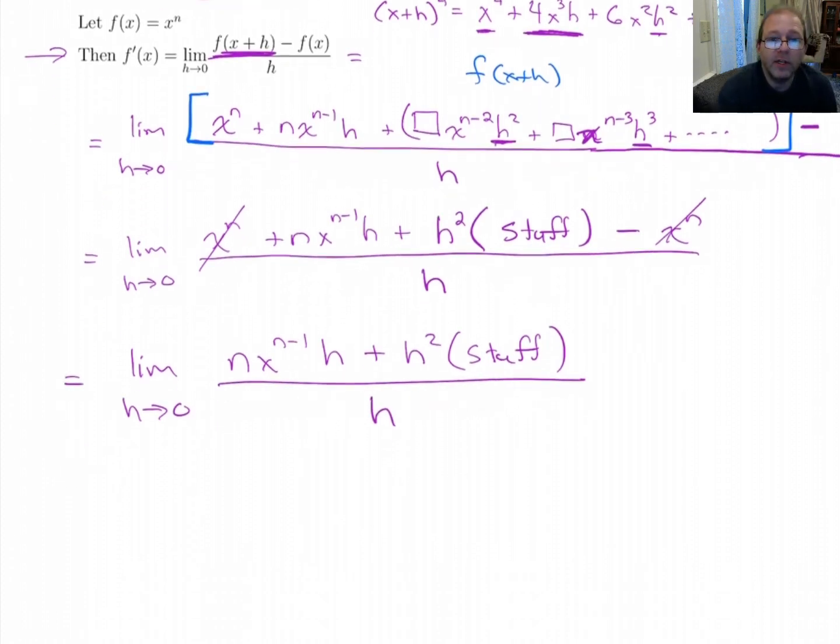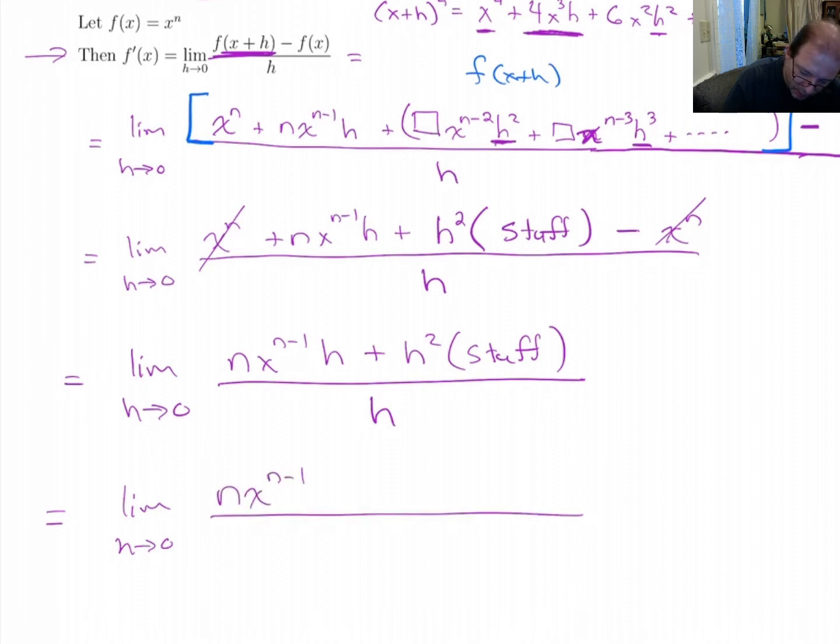All right, now we can cancel the h's. We're left with nx to the n minus 1 plus h times the stuff, and that canceled with the h on the bottom.